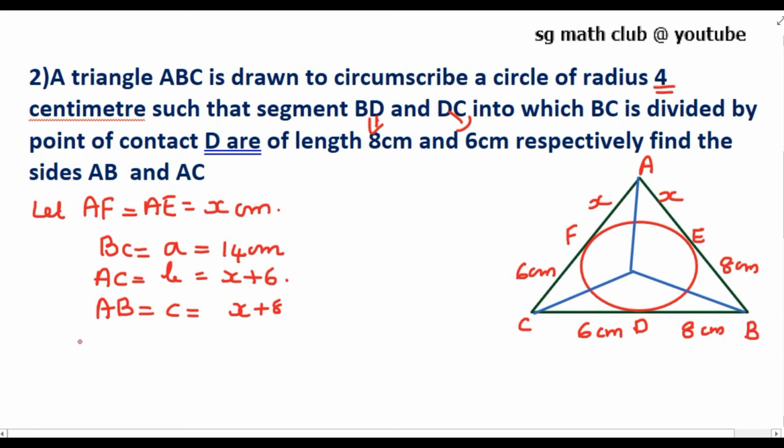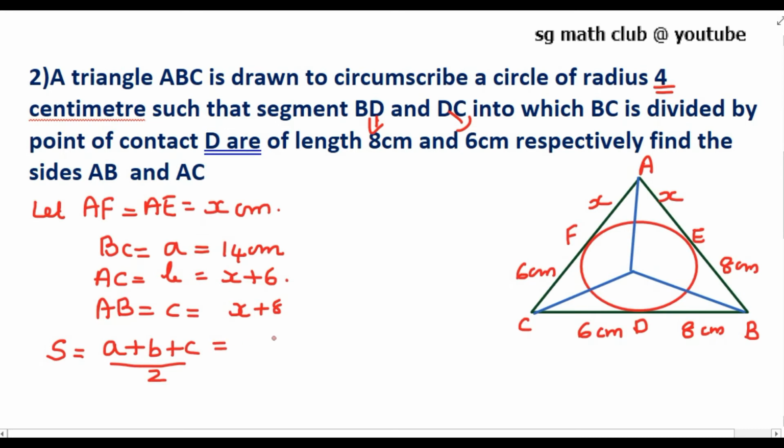Now we know the semi-perimeter formula. While you have studied Heron's formula in 9th standard, you have studied about semi-perimeter. Semi-perimeter is denoted by small letter s, and it is equal to the sum of all the three sides of the triangle divided by 2.